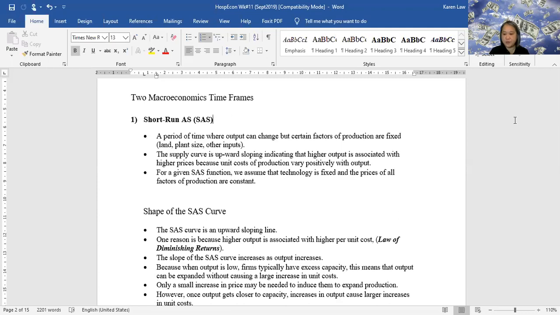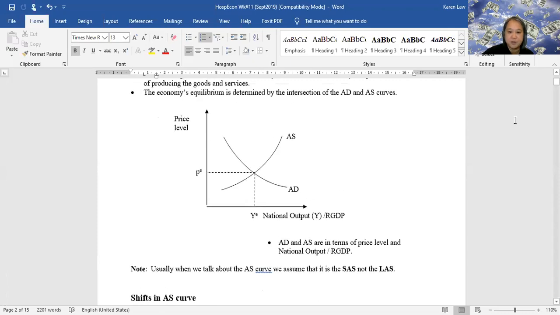So our short run supply curve pretty much looks like the supply curve right here. Anytime you see AS for aggregate supply, we implicitly are assuming that this is our short run supply curve. So our short run supply curve is upward sloping.